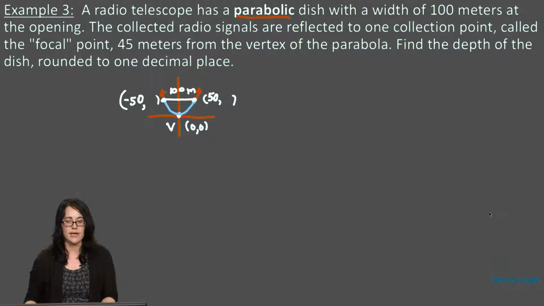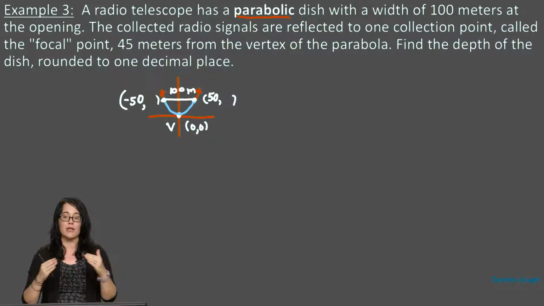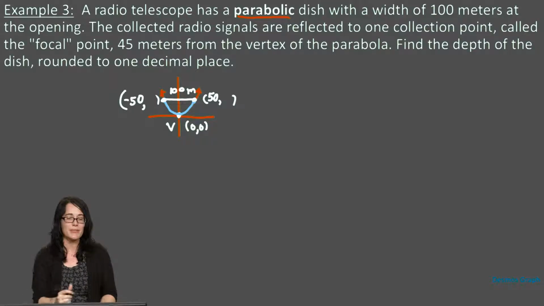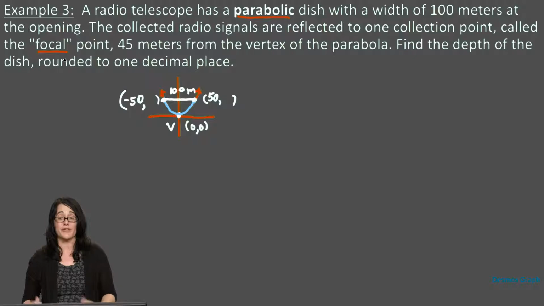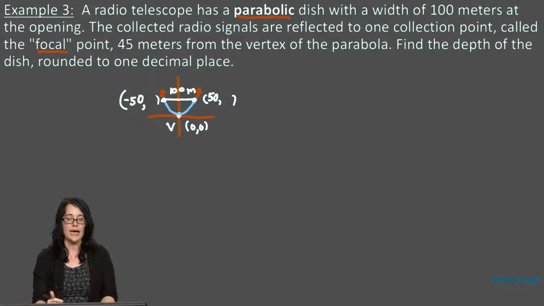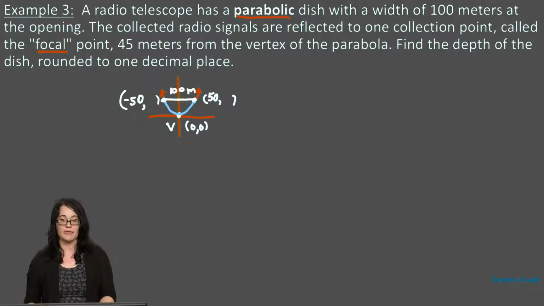In sentence 2, it says, the collected radio signals are reflected to a single collection point, and that collection point is called the focal point. Now, that's a pretty good indicator. If something is called a focal point, it kind of sounds like focus. You're focusing in on a point. And they're telling us that it's 45 meters from the vertex. Now, typically, if you have a dish of some type, like a satellite dish, and it's focusing in on a single point, typically that point is beyond its opening.